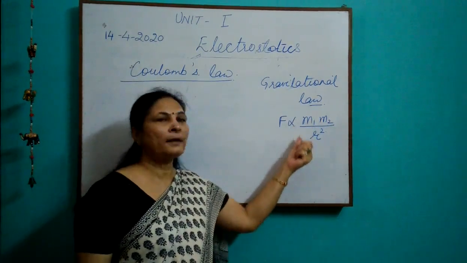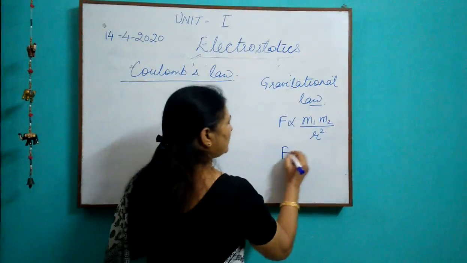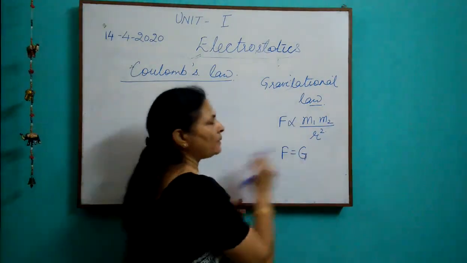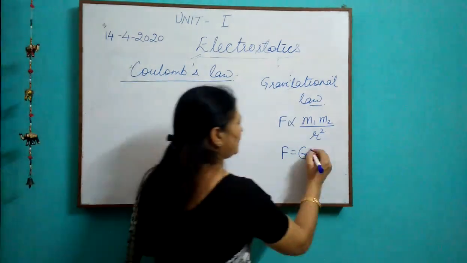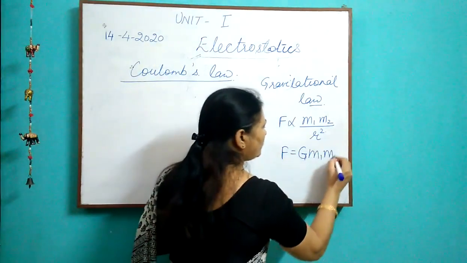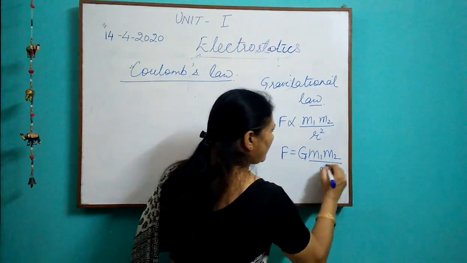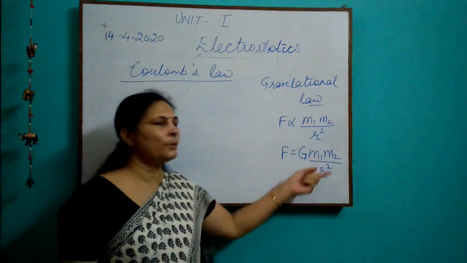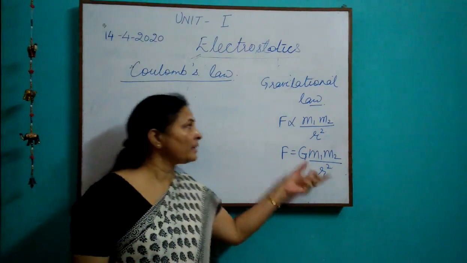Then a gravitational constant, denoted by capital G, came into existence, and the formula was F equals G m1 m2 upon r square.